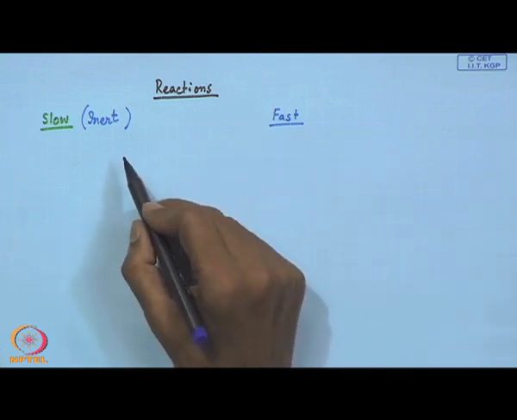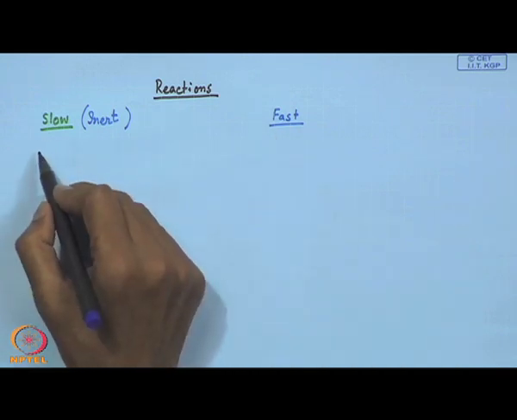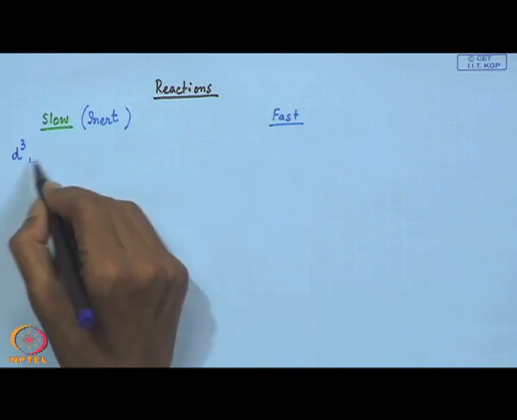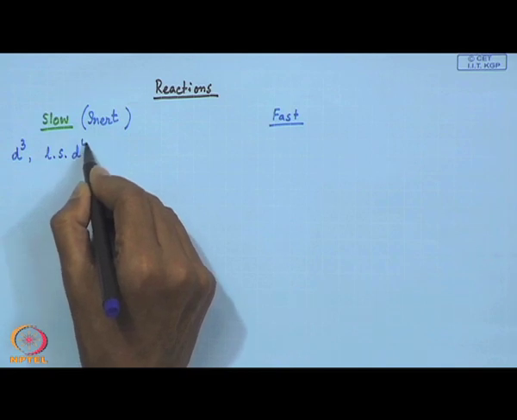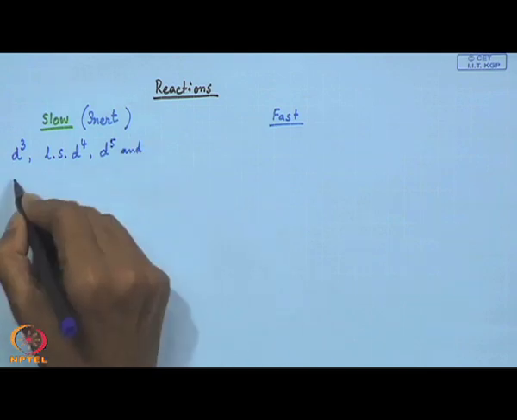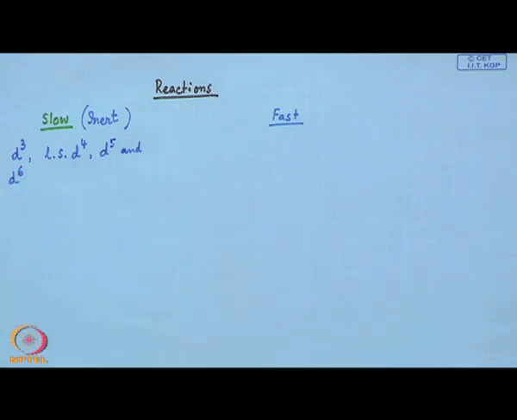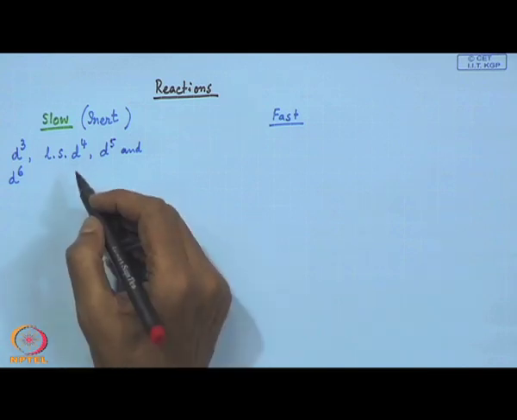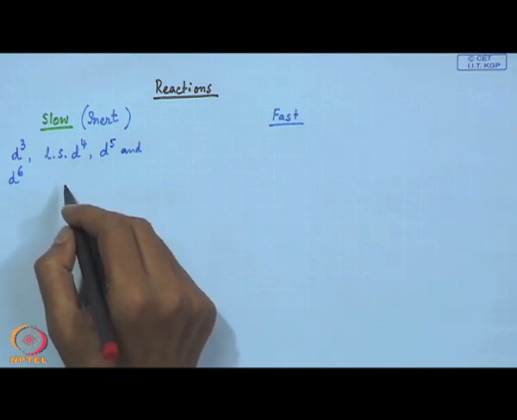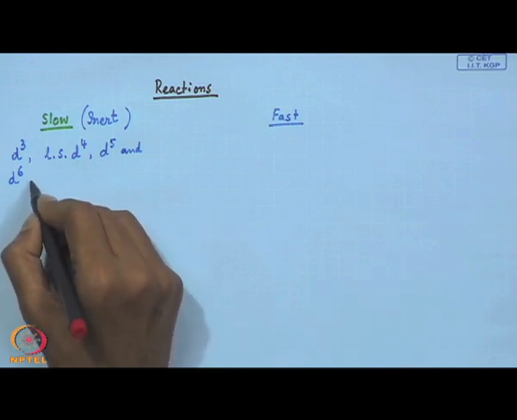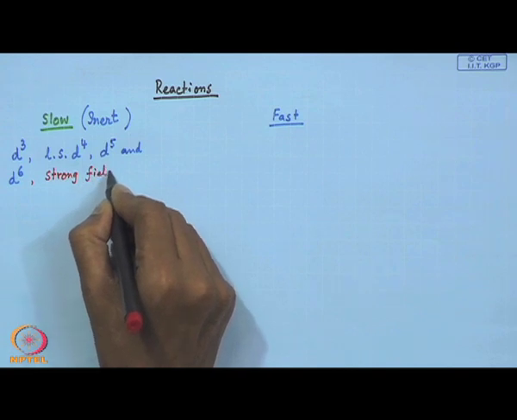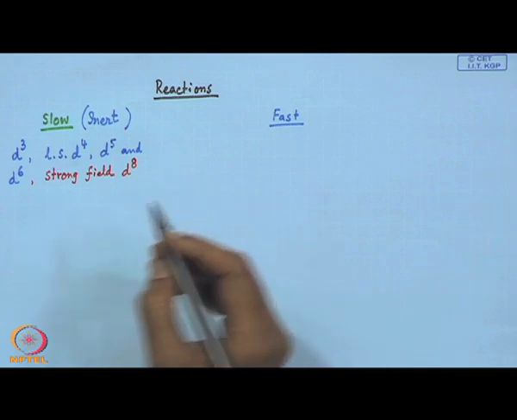They can go for only slow reactions, when these reactions are very slow in nature, and several metal ion configurations such as D3, low spin D4, D5 and D6 will be considered, as these metal ions can give rise to very slow reactions, and the corresponding compounds we can call inert metal complexes in terms of their ligand substitution reactions, as well as some of them in strong field with D8 electronic configuration.